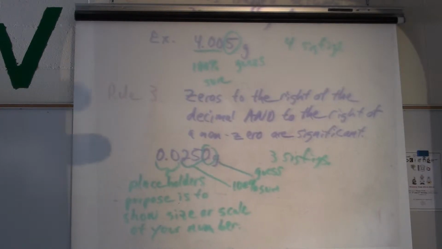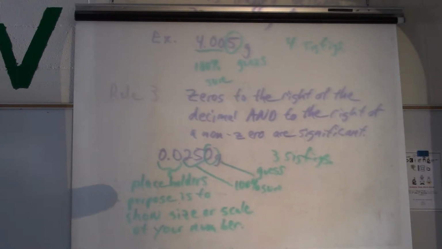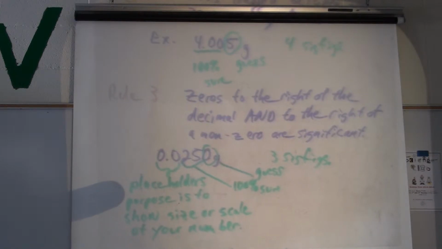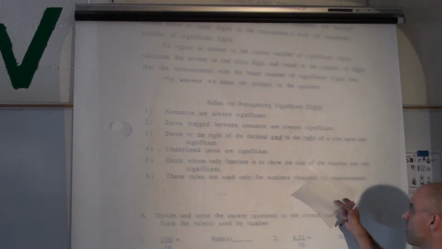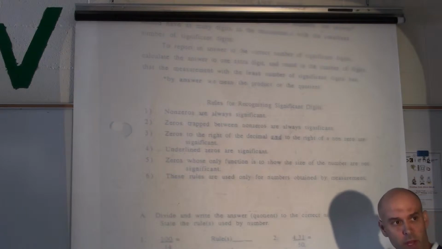And really, this is rule 3, and this is rule 5 down here. Rule 5 says zeros whose only function is to show size are not significant. So that was an example of one that's not significant.